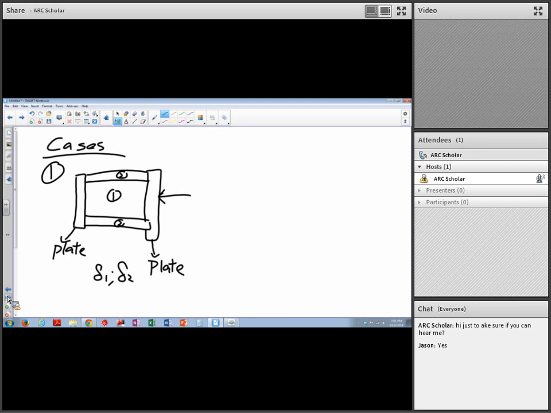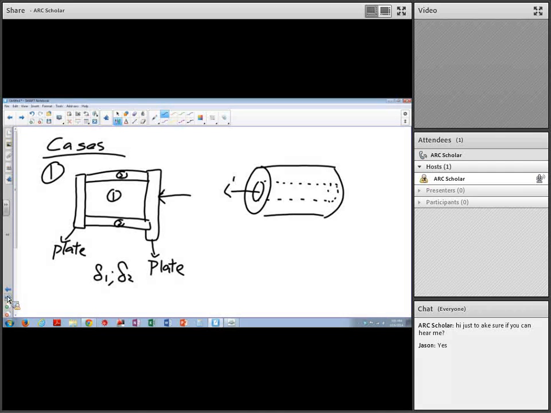This is for when you have a circular part, even though there is no plate, and there is a force here. You have to use this on your homework, section 1.